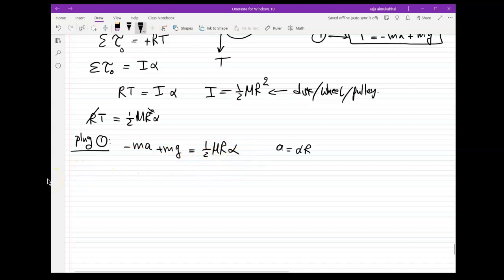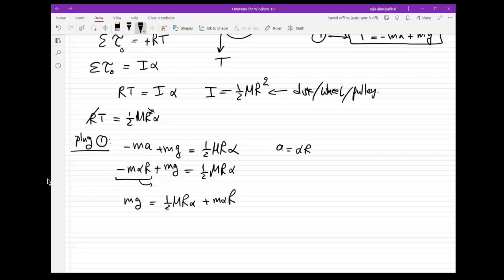That's the plan. So I have here minus M alpha R plus mg equals 1/2 big M big R alpha. Collect the alphas together, which means I'm going to put this on the other side. So mg equals 1/2 big M big R alpha plus small m alpha R, and take alpha as a common factor.